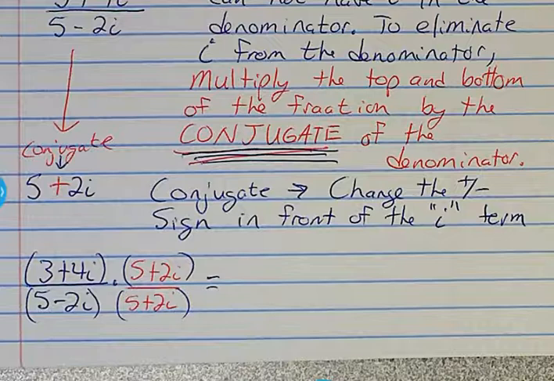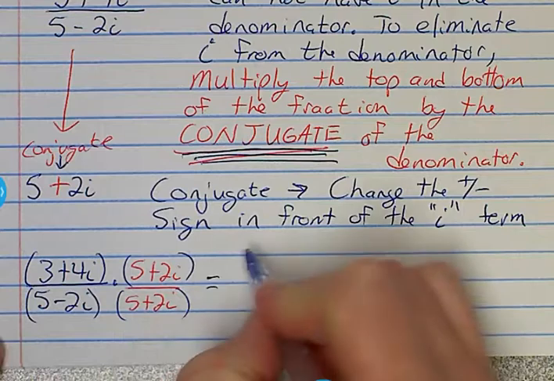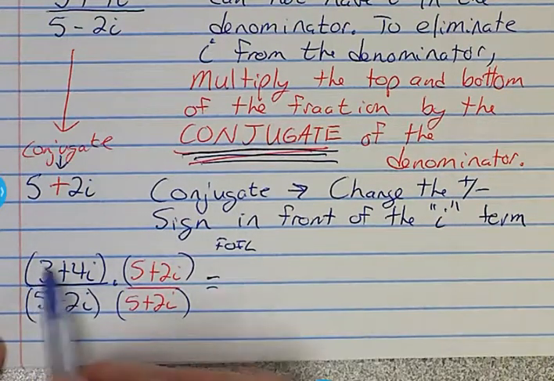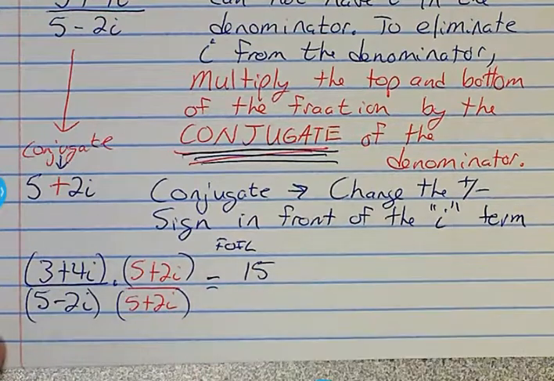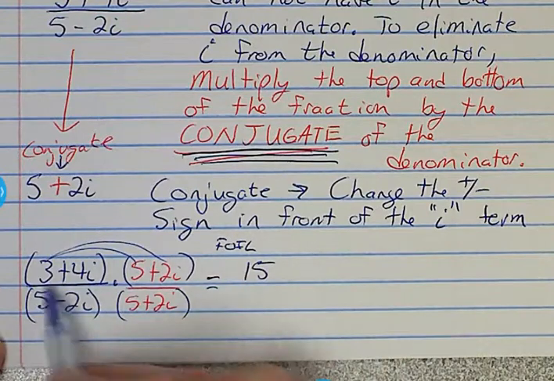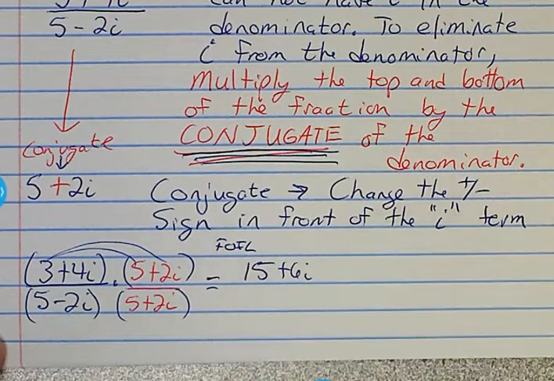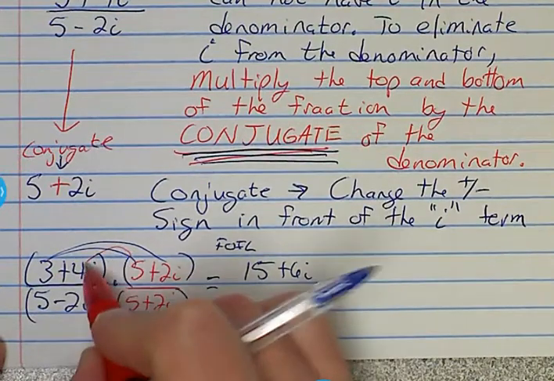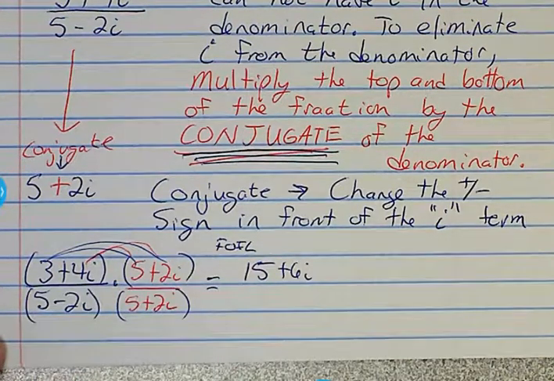Okay, on the top part, there's really no shortcut on this one. We're just going to go ahead and do the full method up here. So we're going to do 3 times 5 for 15. We're going to do 3 times 2 for 6i. Can't really go underneath it, so we'll just go on the next part here. We're going to do 4 times 5 and then 4 times 2.